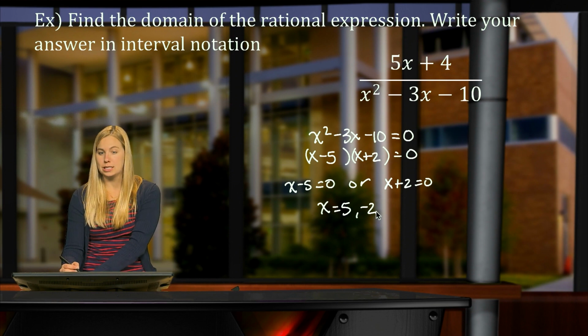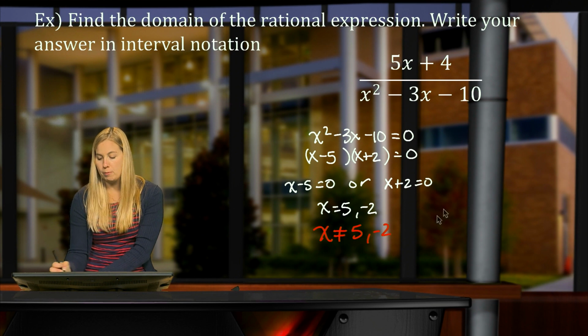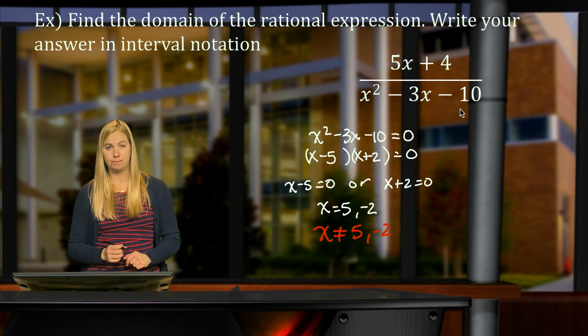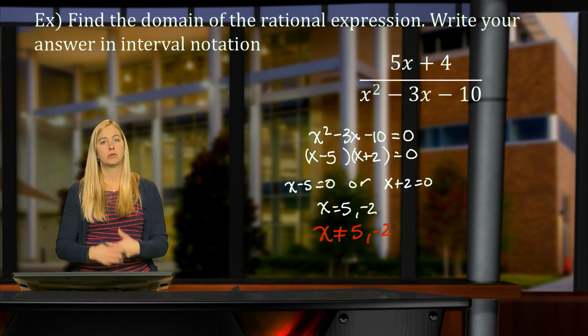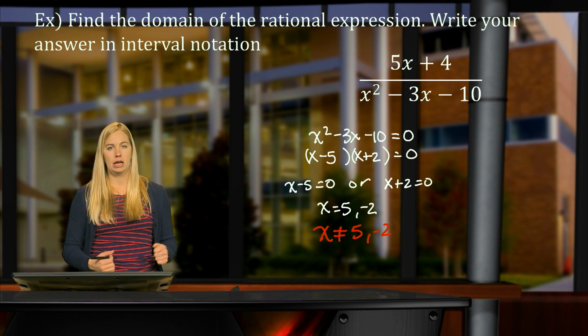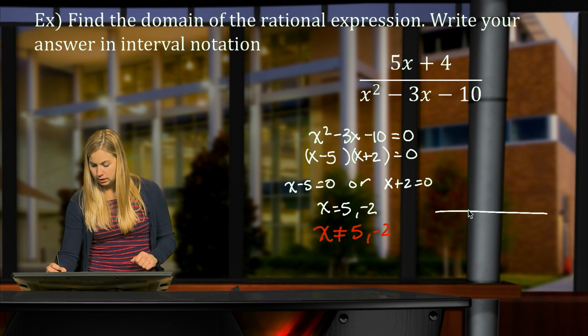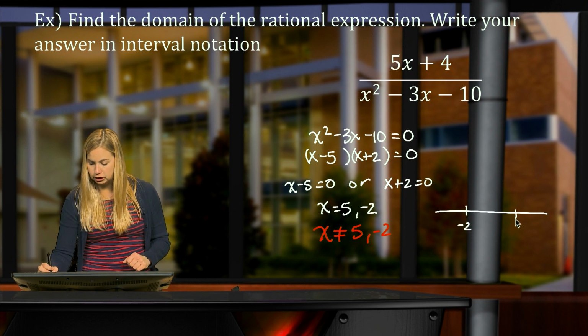The solution to this equation happens to be the restrictions for my rational expression. Now I've got two restrictions. I'm going to set up my number line just like I did previously so that I can write my domain in interval notation. So here's -2, here's +5.